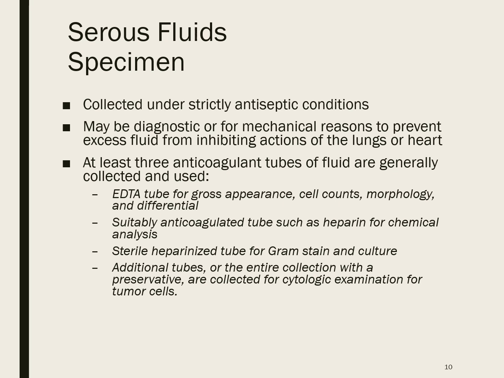Anything for chemistry would be drawn in something like a heparin tube, and if you're doing anything for micro, it could go into some sort of sterile heparinized type tube, but not always. They don't always collect any sort of anticoagulant for the micro department.